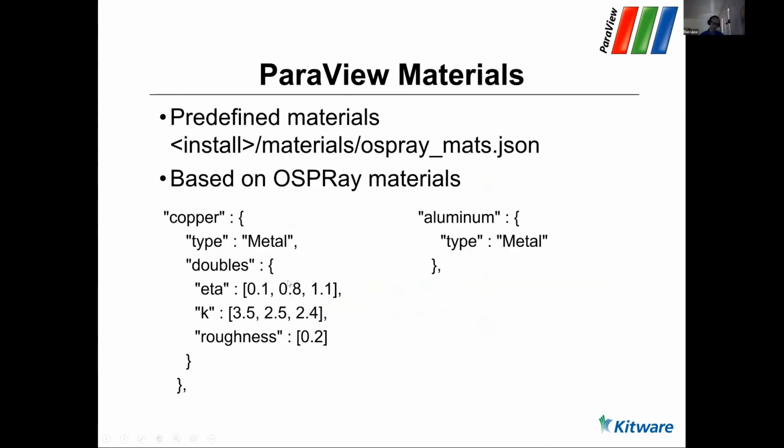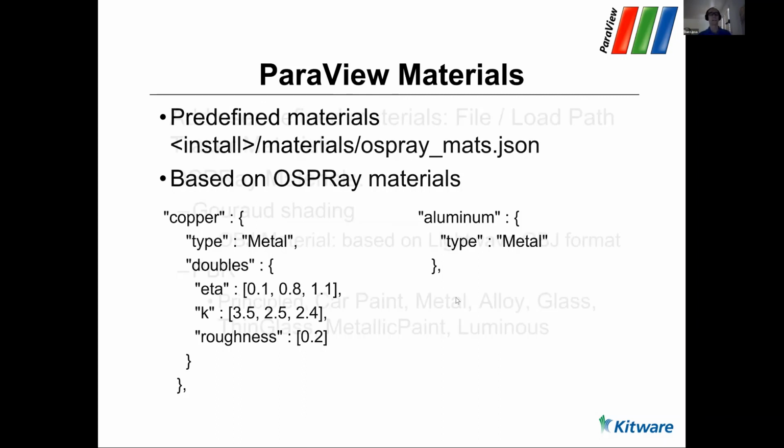ParaView materials are based on OSPRay materials. The way they work is you specify the name of the OSPRay material, and then you override certain parameters. So this is what you do for copper. You override some parameters from the metal OSPRay material.